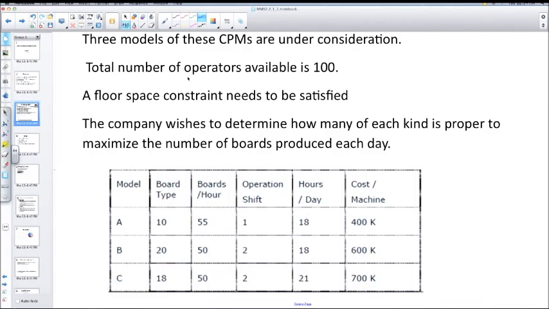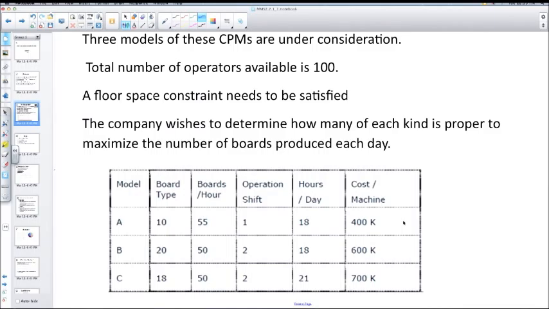You have a total of 100 operators you can hire. And the operation room, maybe you have so much floor space you can put the machines in. And the financing investment limit, you have $12 million.